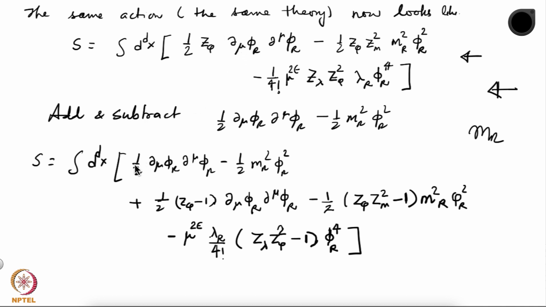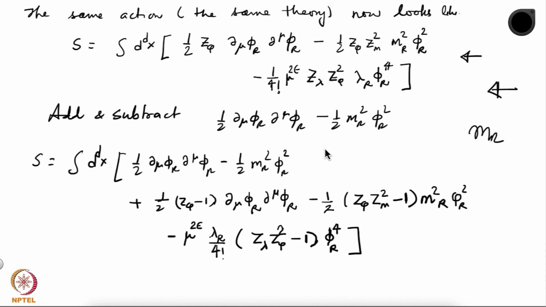Okay, and that's why I have written it this way, because once I write it this way, the propagator in the theory will be exactly the same which I had earlier. Okay, instead of m I will have mr, but other than that everything looks the same. So that's why I have added and subtracted that term, so that in the action I have the parts for the free part, the parts which were present earlier.